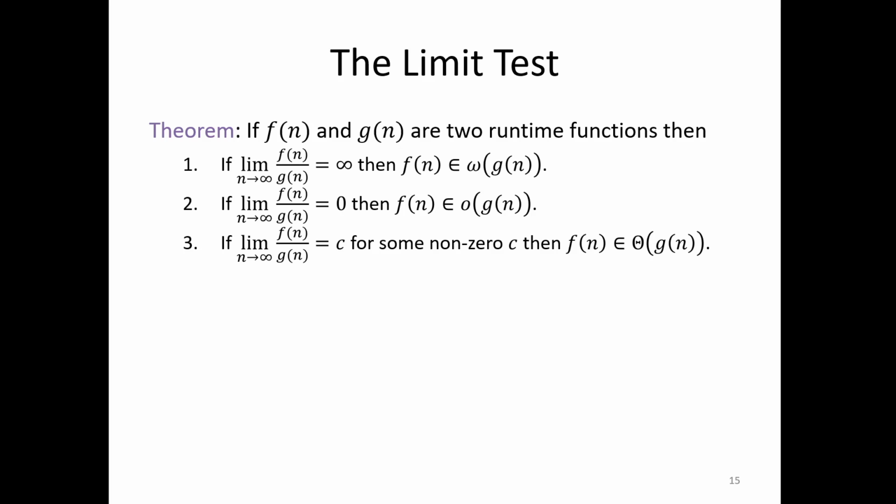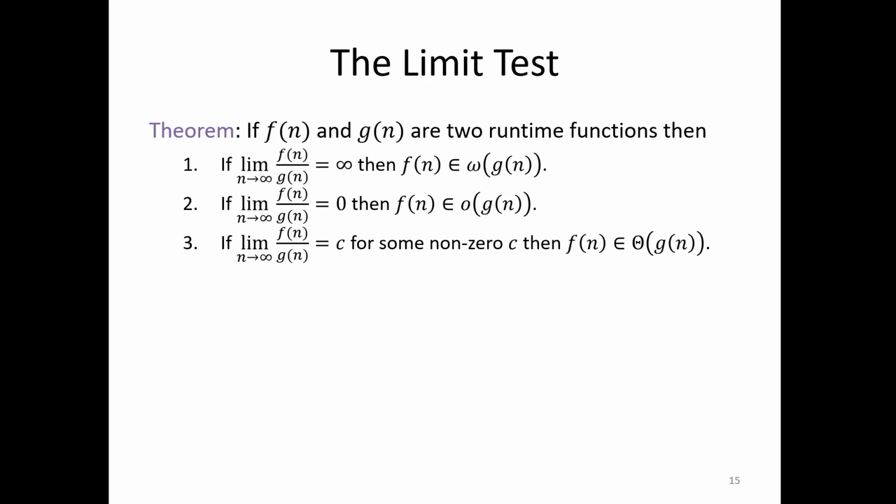And then the third case is what happens if we don't have one of them growing faster than the other. Let's say they're growing at the exact same rate. Maybe they're the exact same function, f of n is g of n, then this ratio would be 1. Here in case 3, it says a constant c for some non-zero c.